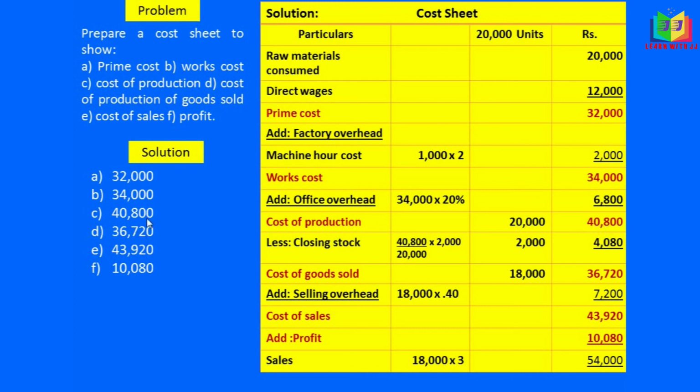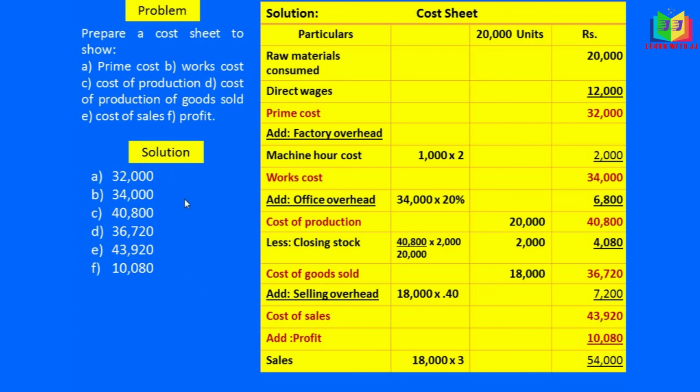Next, cost of production of goods sold. Cost of goods sold is 36,720. Next one is cost of sales. Cost of sales is 43,920. And at last, profit. Profit is 10,080. Yes, I have written it.